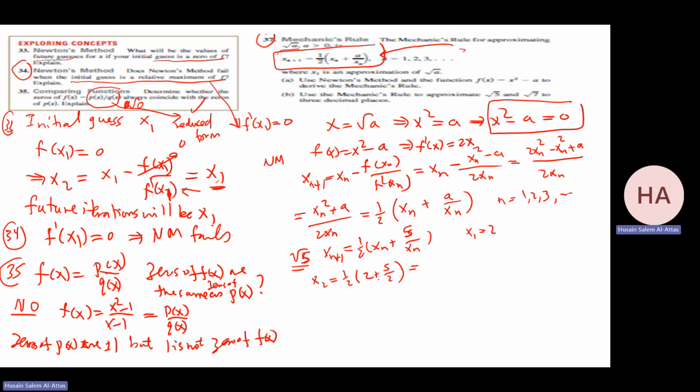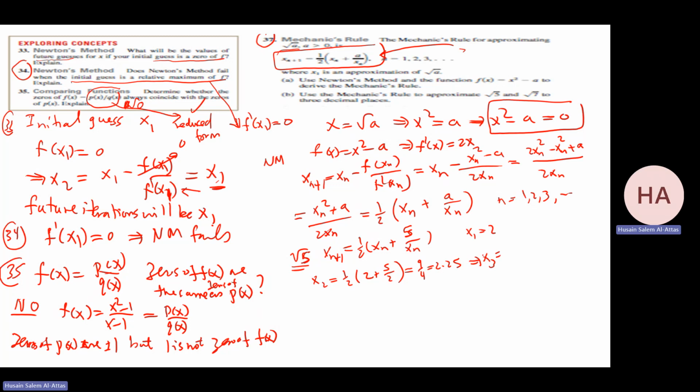And that gives me what? 15 over 4? No, not 15 over 4. It will be 4 plus 5, 9 over 2, 9 over 4, which is 2.25. Plug it again, I get x3.